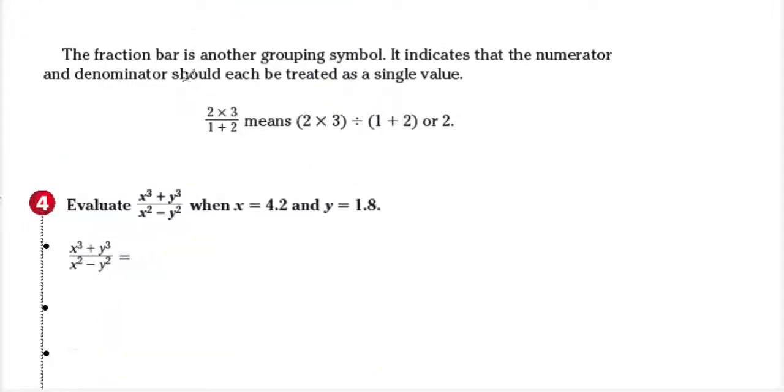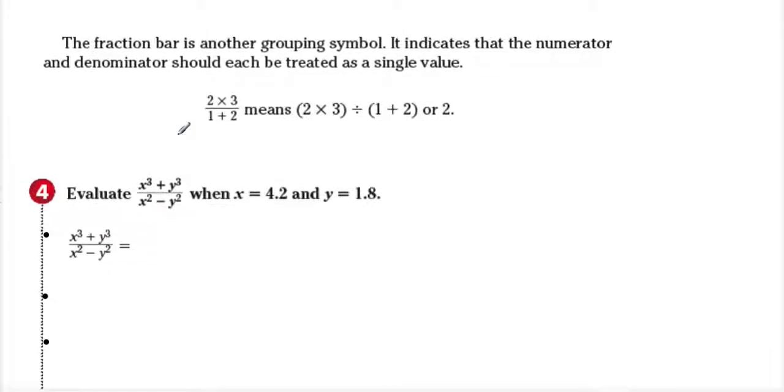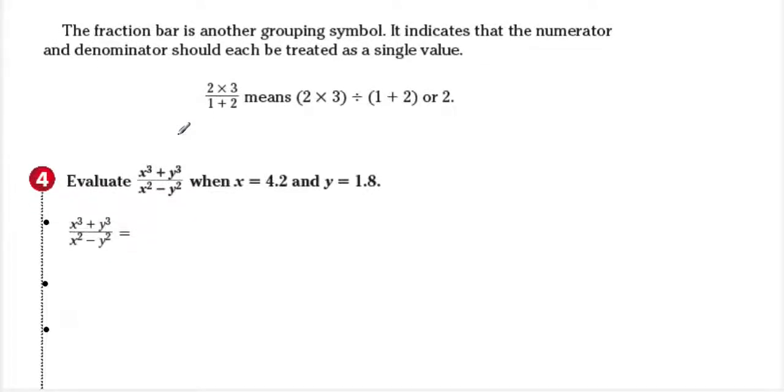Example number 4. A fraction bar is another grouping symbol. It indicates the numerator and denominator should be treated as a single value. So remember this as well when you talk about a fraction bar. What does that mean?